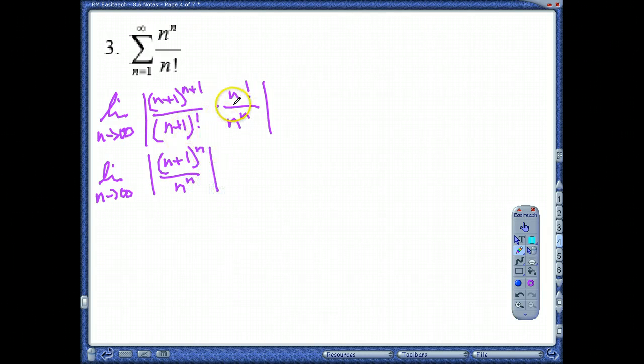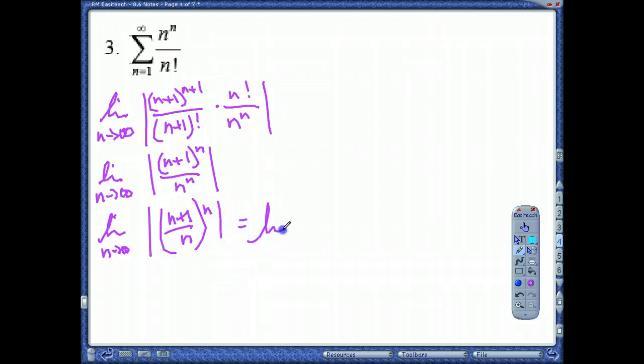Okay, all that nice stuff's going to cancel there. And then I can rewrite this as n plus 1 over n all to the nth power, which if I simplify that some more, n divided by n is 1, plus 1 over n, to the nth power.